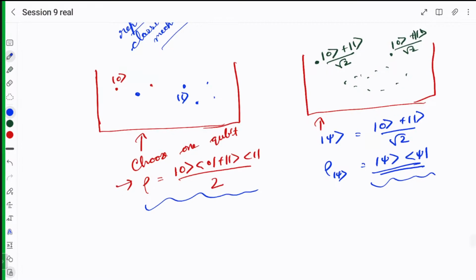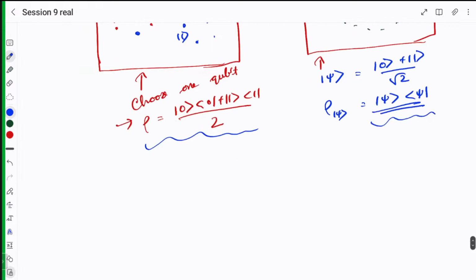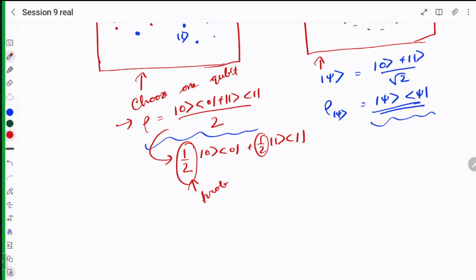So let's try the subjective case. Okay, the denominator can be anything. No. Array, see, this corresponds to the probabilities. Half 0 0 plus half 1 1. So this is like the probability that it is in 0 and the probability that it is in 1.